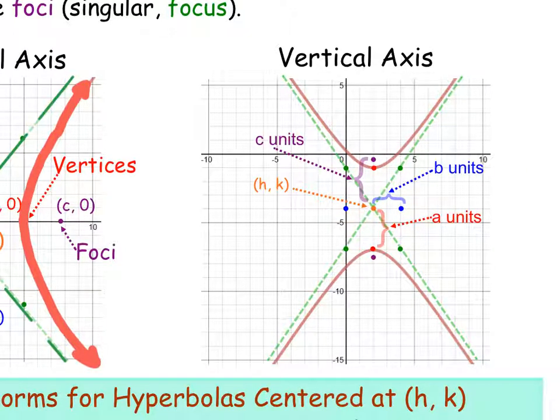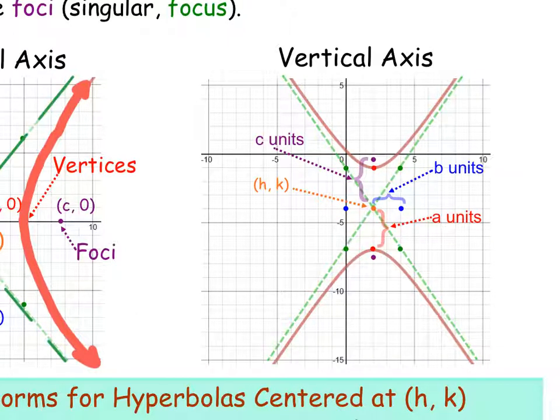And then again, we use those A and B's to plot these corners. So you'll need to do that if you're going to make a picture here. Plot that corner, go to the next A and B value, plot that corner. Next A and B value, plot that corner. And the next A and B value, plot that corner.